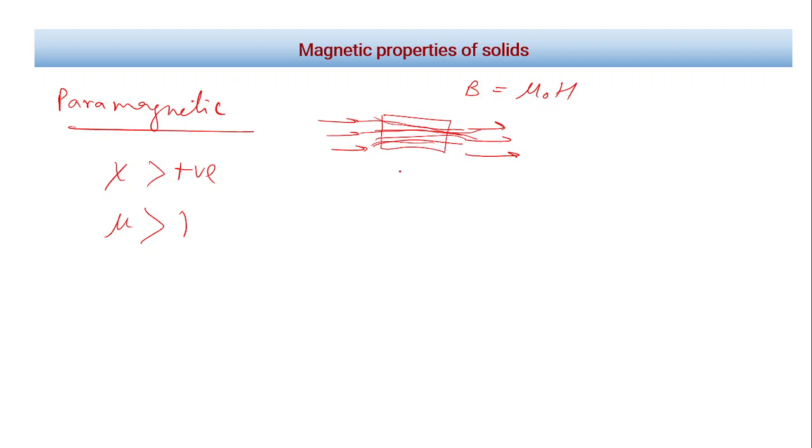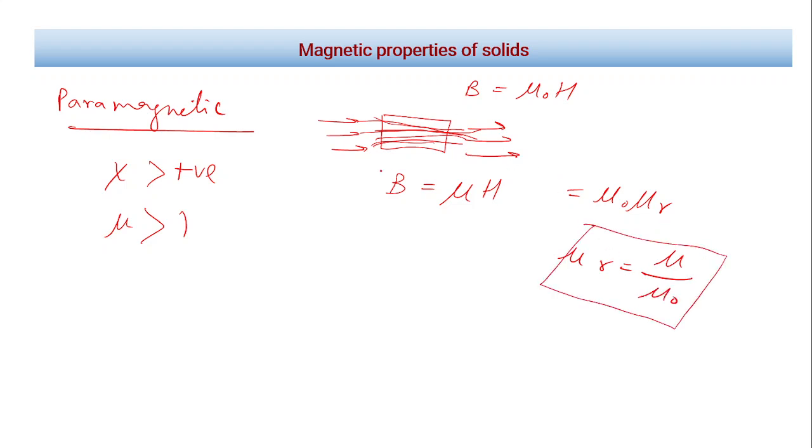And inside the material, because it's not free space, we write magnetic flux density is equal to mu times H, where mu is mu naught mu r. This is the relative magnetic permeability. Actually, mu r is mu over mu naught.